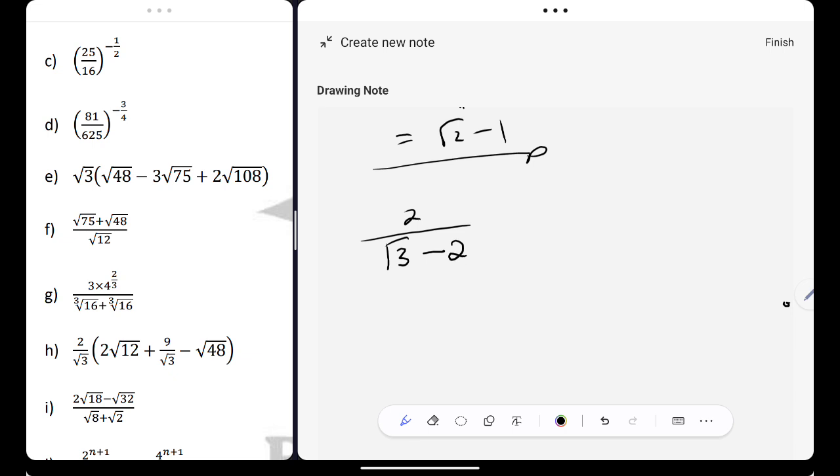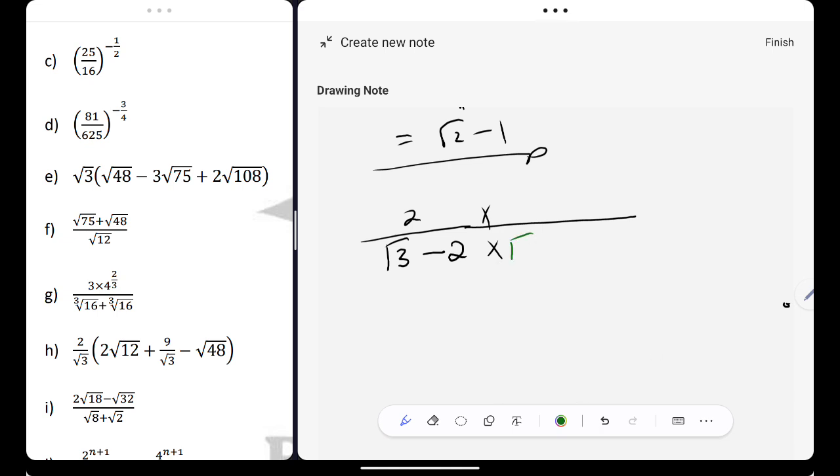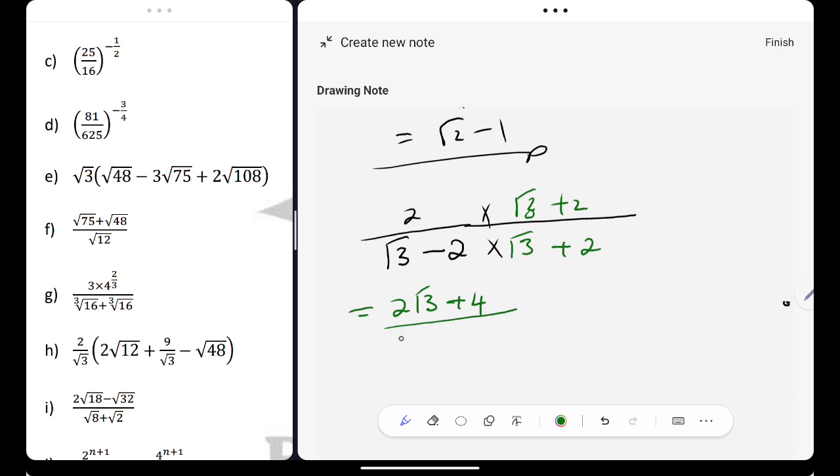Rationalize this. Okay. I'm assuming that you did this. You set the square root of 3 plus 2, square root of 3 plus 2, and then what do you have? You have 2 multiplied by the square root of 3 plus 4, because 2 times 2 is 4. Alright, together. On the other side, what do we have? We have 3 and 4, because 2 times 2 is 4, right?